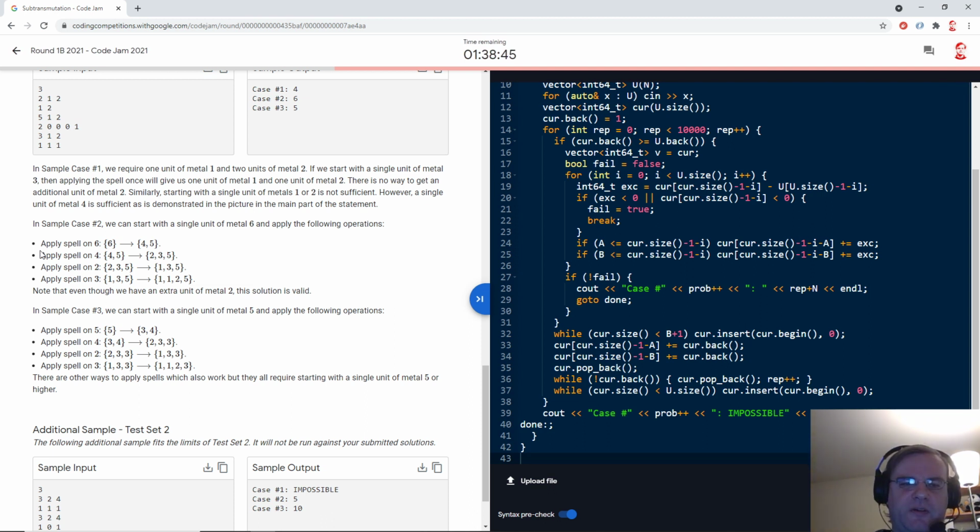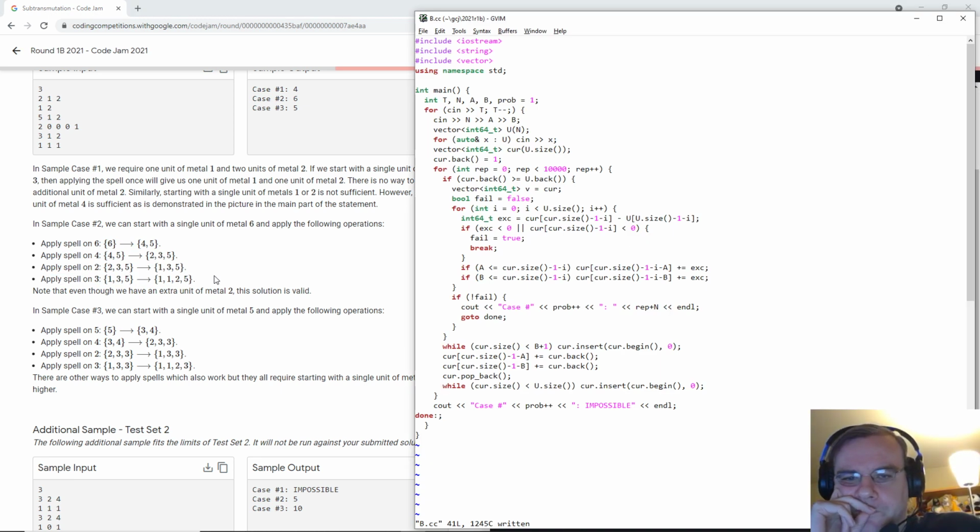So I note that they're giving these out of order, even though you can greedily do it from top to bottom.